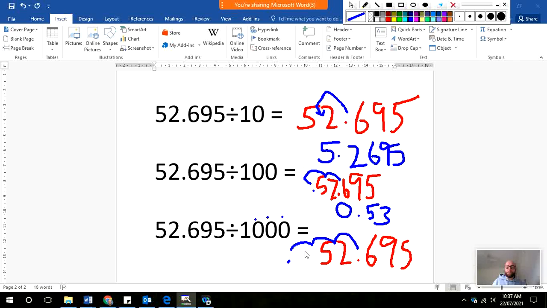If we've got a gap in a decimal fraction, we put a 0 in. We also know that if there's nothing before the decimal point, we put a 0 in. So the answer for this last one will be 0 wholes, 0 tenths, and 53 thousandths. Really important, as you're learning, put the jumps in, and if you see a jump with nothing underneath it, put a 0 in there.